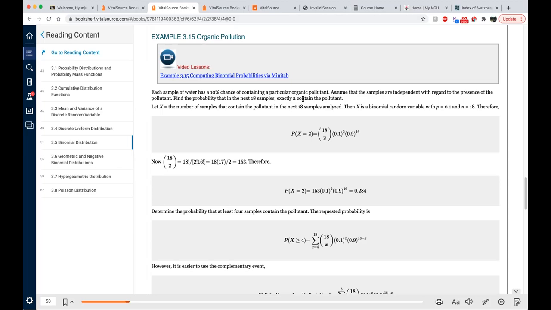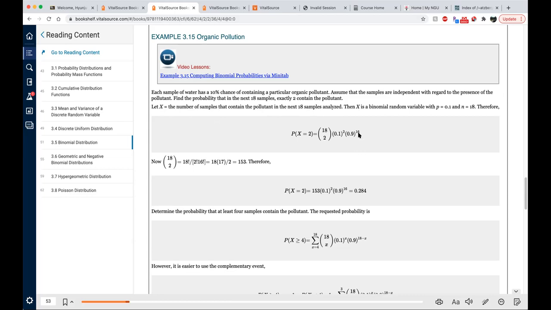Exactly two contain the pollutant, so two means the number of successes. I know it sounds weird, but let's say the success represents that it contains the pollutant. That's actually the number of samples that contain the pollutant in the next 18 samples analyzed.